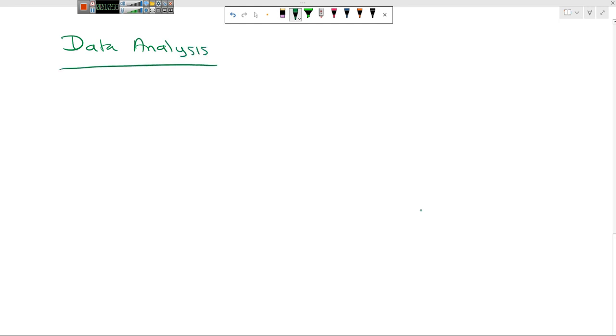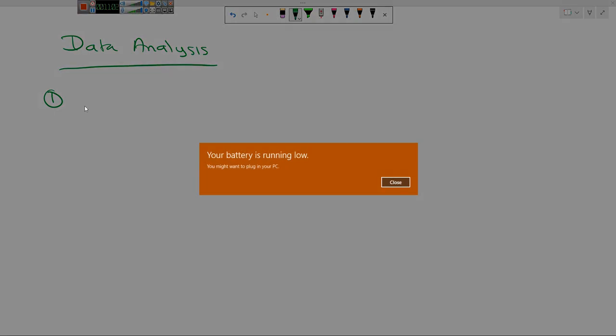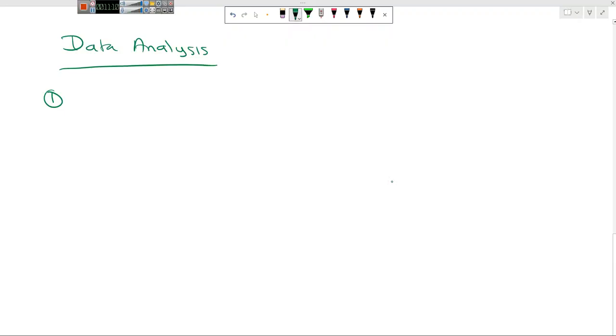Now data analysis involves a lot of steps. The first one is, first we have to collect the data. So the first and foremost step is collecting the data, right?